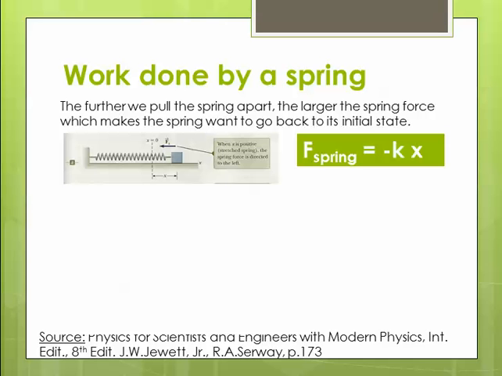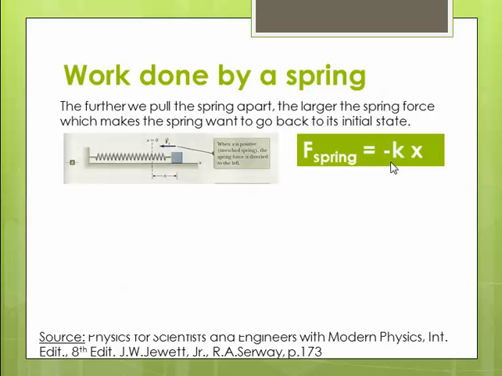First you can read that F spring, the spring force, is proportional to the distance x. So the further you pull, the larger is x, and the larger is the spring force. Now the constant of proportionality is k. The larger k, the harder it is to pull the spring.